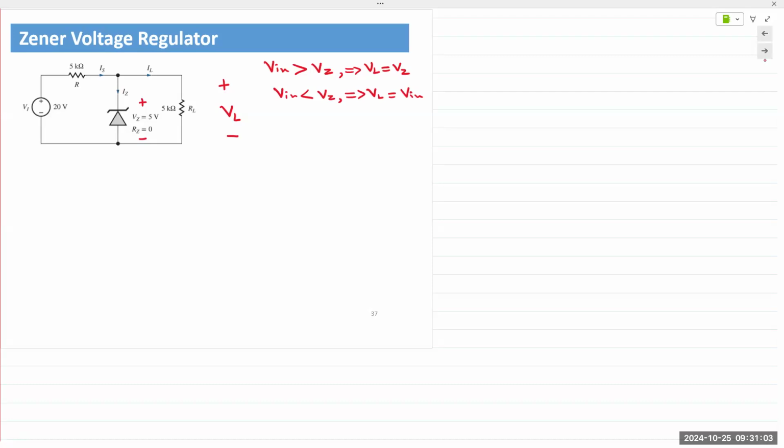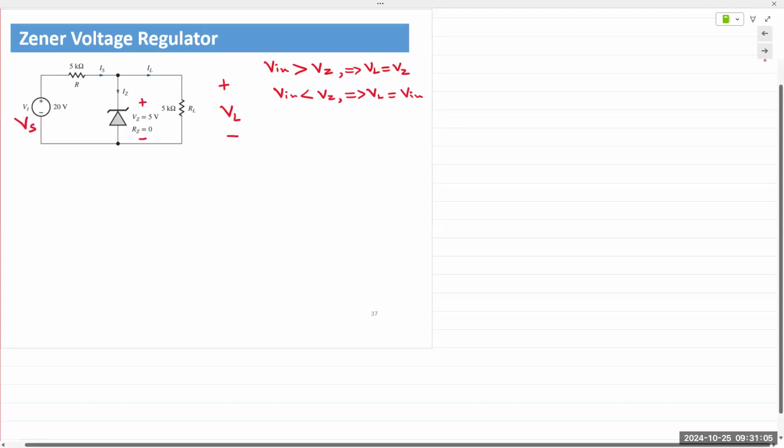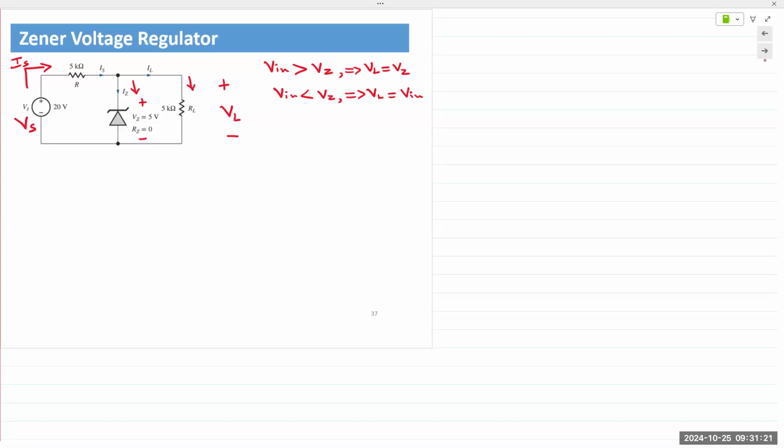Okay, so let's label this as Vs, source voltage. Source voltage is supplying current Is, Iz and IL are split off from Is. So to analyze this, let's apply KCL at the top. So you apply KCL at the top, we can obtain our equation. We will assume that the diode is going to be on because Vin is much larger than Vz.